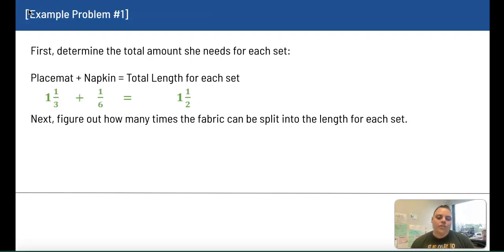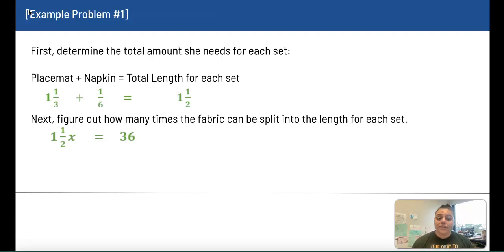Now, we have 36 yards of fabric. We need to figure out basically how many times that can be split into 1 1/2 yards. So we're going to split it up, which means we're going to end up dividing. So here's our equation that represents our situation. We have 1 1/2 times x equals 36.